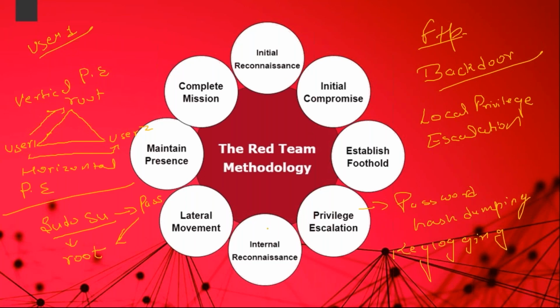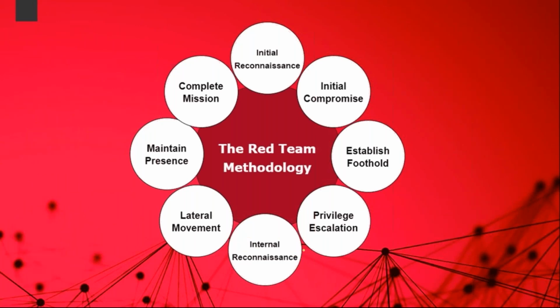Now again, next step, internal reconnaissance. What is internal reconnaissance, guys? It will be active now. Because you are inside the target, and now you have to find out the information. How will you find out the information? You will communicate with the operating system and you will get more information. So in this phase, the red teamer will investigate the victim's surroundings. Here we are trying to find out more information about the target internally.